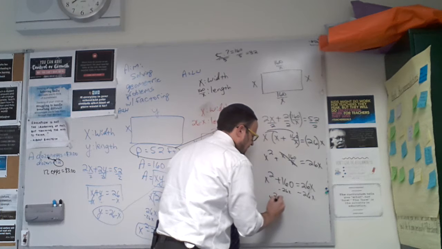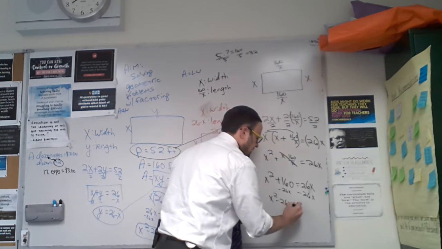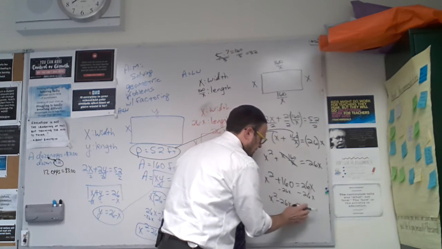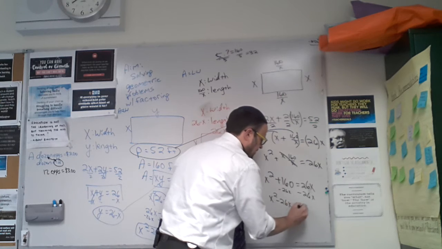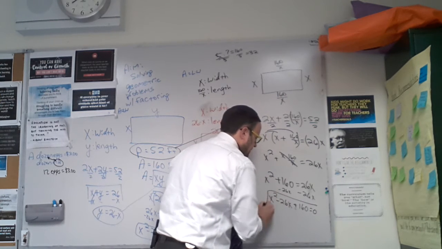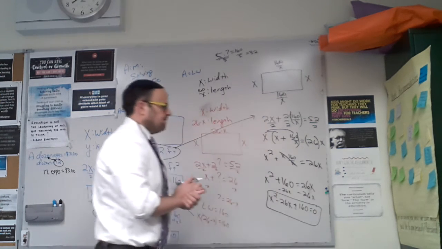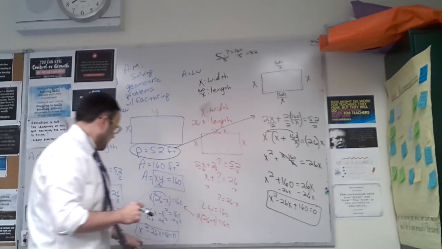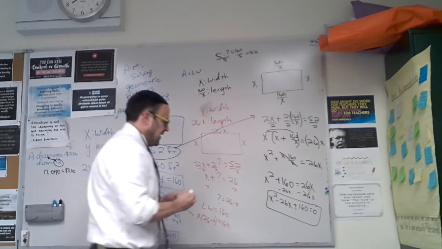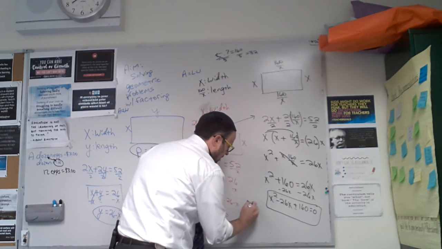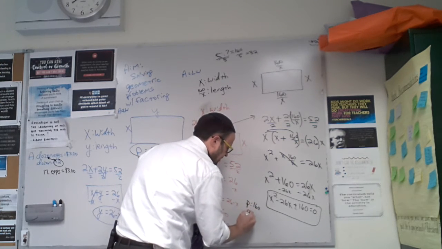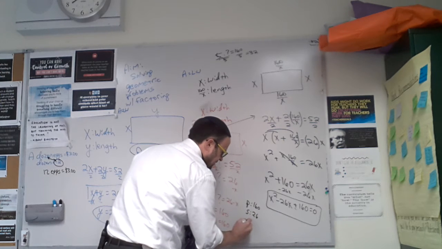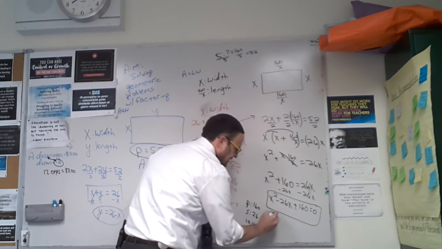Subtract 26x. Plus 160. Okay. And then that's over here. We can solve that. Product of 160, sum of 26. You'll get 10 and 16.